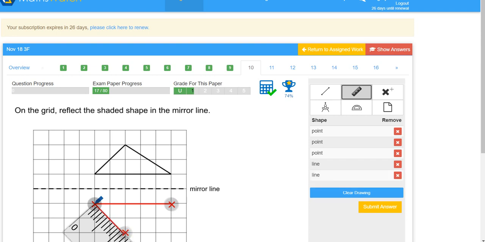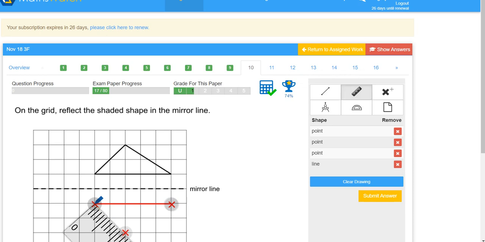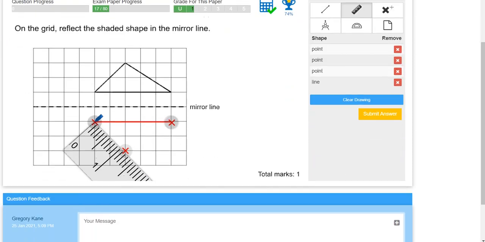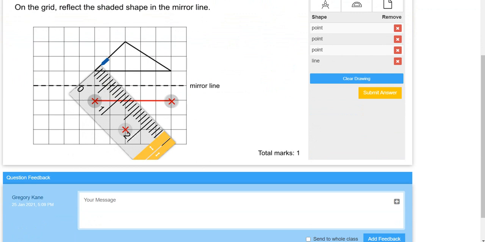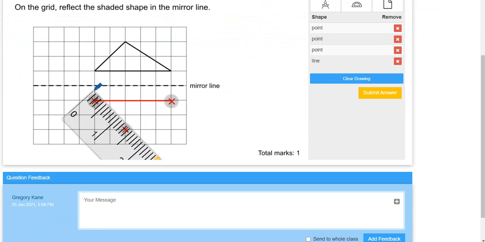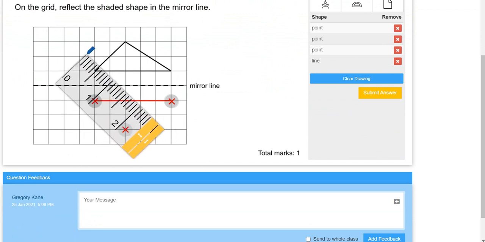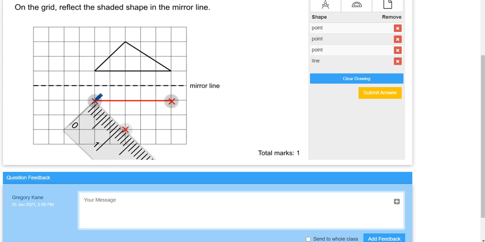Looks good. I might just have missed that one. I might just undo that one and try that again. Because I think I didn't quite line that one up right. Let's just take that a little bit higher. Yep, that looks better like that. Oops.